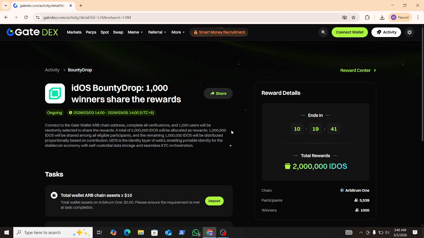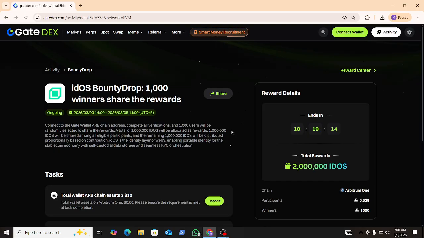You can see that a total of 20 lakh IDOS will be allocated as a reward. 10 lakh IDOS will be shared among all eligible participants, and the remaining 10 lakh IDOS will be distributed proportionally based on contributions.